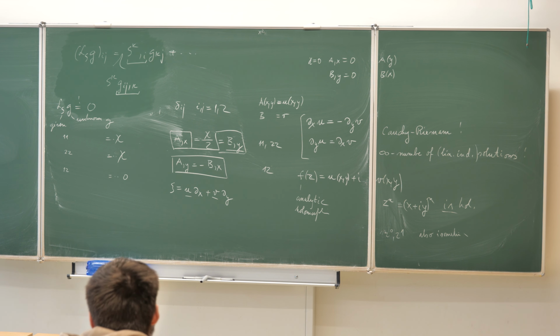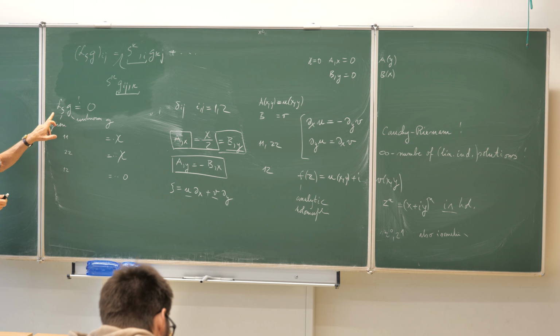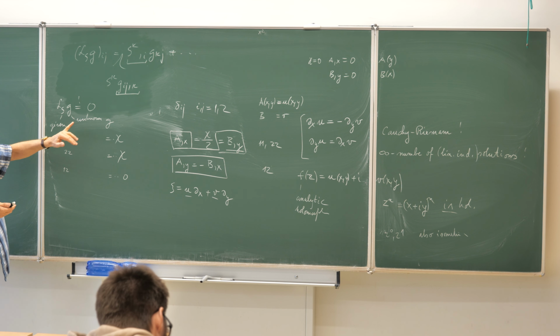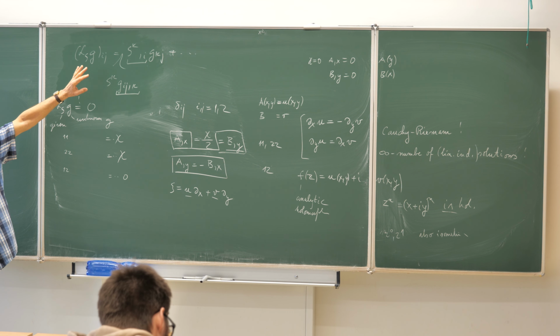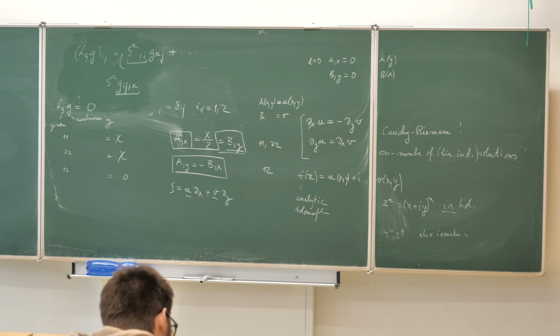The first point of view was given g and unknown psi. But if you invert it like that, you see that for unknown g, you also have a system of partial differential equations. Yes? Because there is a derivative of g also.